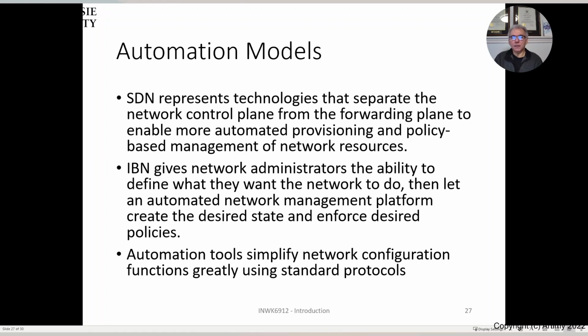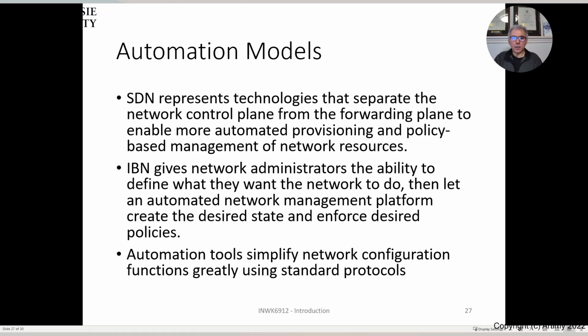So the term automation is an umbrella term that means a lot of things, right? But generally it means automating the configuration, and also sometimes collecting information, the status of the network, which is monitoring, right? So one idea that came almost a decade ago is software-defined networking.